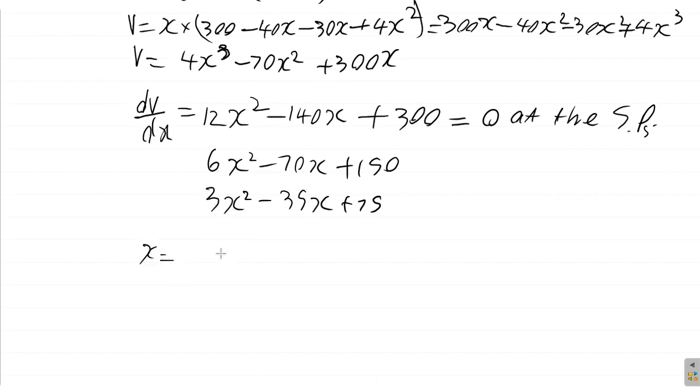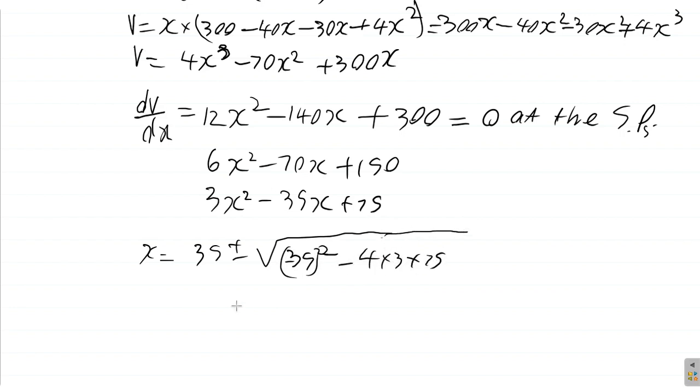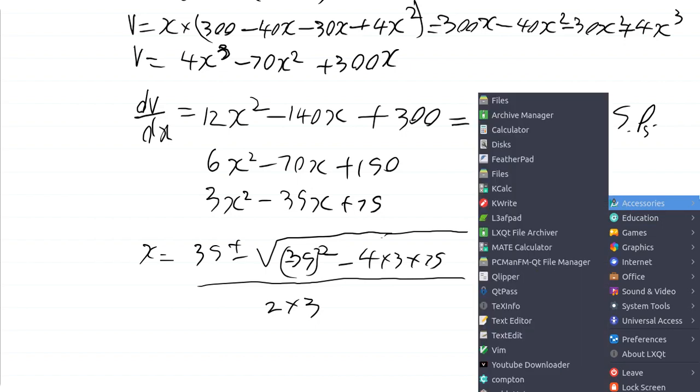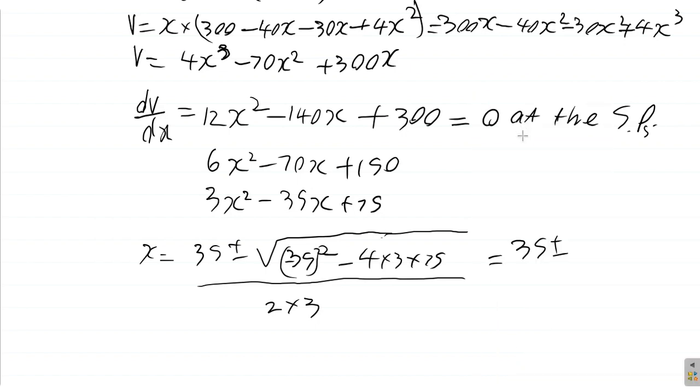So x equals negative b, which is negative 35, so it's 35 plus or minus the square root of negative 35 squared, minus 4 times 3 times 75, all over 2 times 3. Which is 35 plus or minus. We're going to have to figure out what is under the square root here.